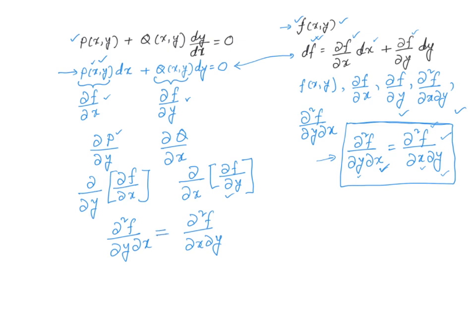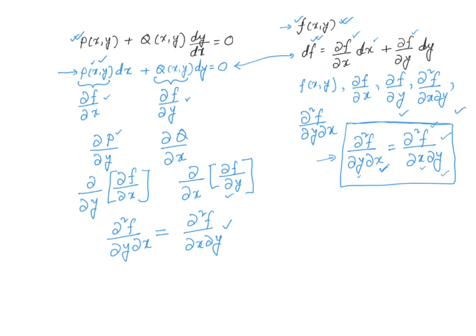It is very important for you to realize that. This condition ensures the existence of such a function f of x,y that would be the solution to this differential equation.